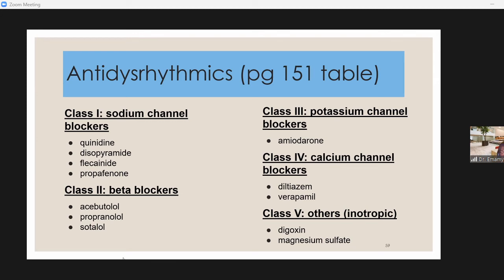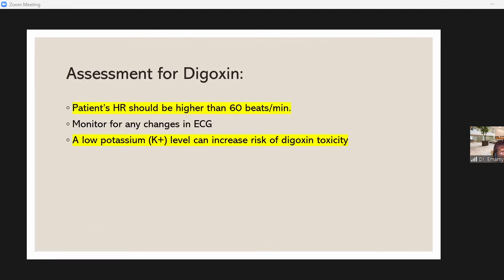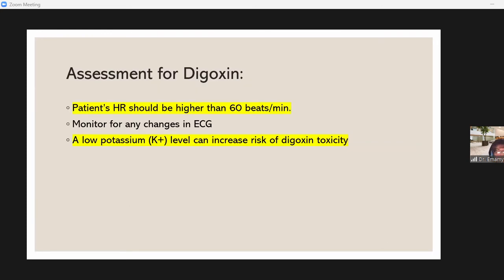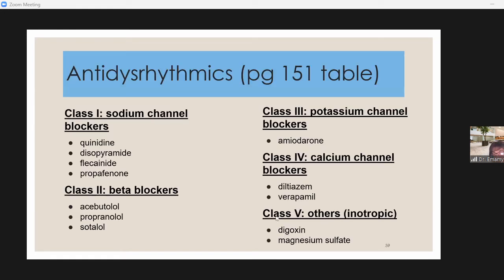The one that you usually get questions on is digoxin. Digoxin is an inotropic drug. What does it mean a drug is inotropic? It means a drug that increases the contractility of the heart muscle. So inotropic drugs like digoxin increase the power of the heart muscle, so heart muscle can contract strongly.